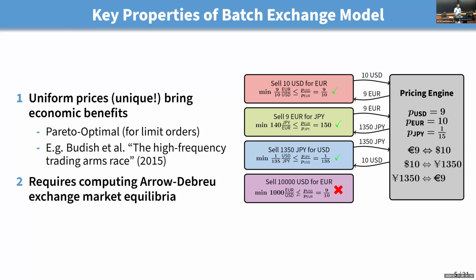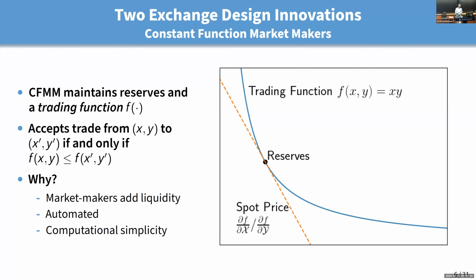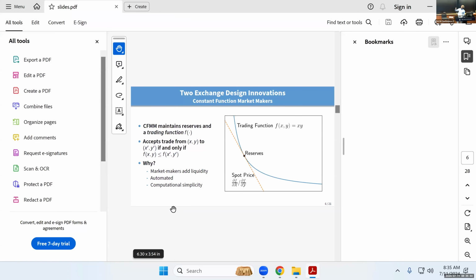Great. So the other thing that's gotten a lot of traction is constant function market makers. We had a talk yesterday about them. The basic point, all you need to know for this talk, is that we'll have this automated system that maintains reserves of, say, 2 different assets, or n different assets, really. And we'll also have some trading function, which is this blue line.